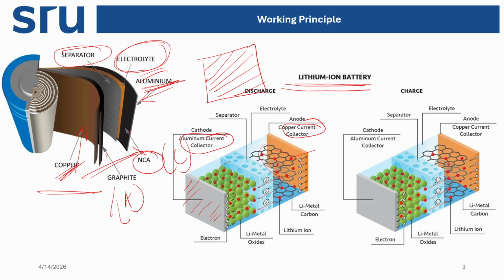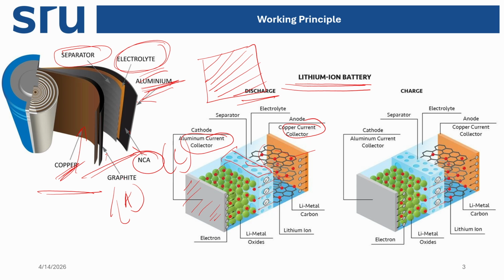In between is the separator. This separator will allow the ion passage but not the electrons. So now, let's say we are first discharging it.